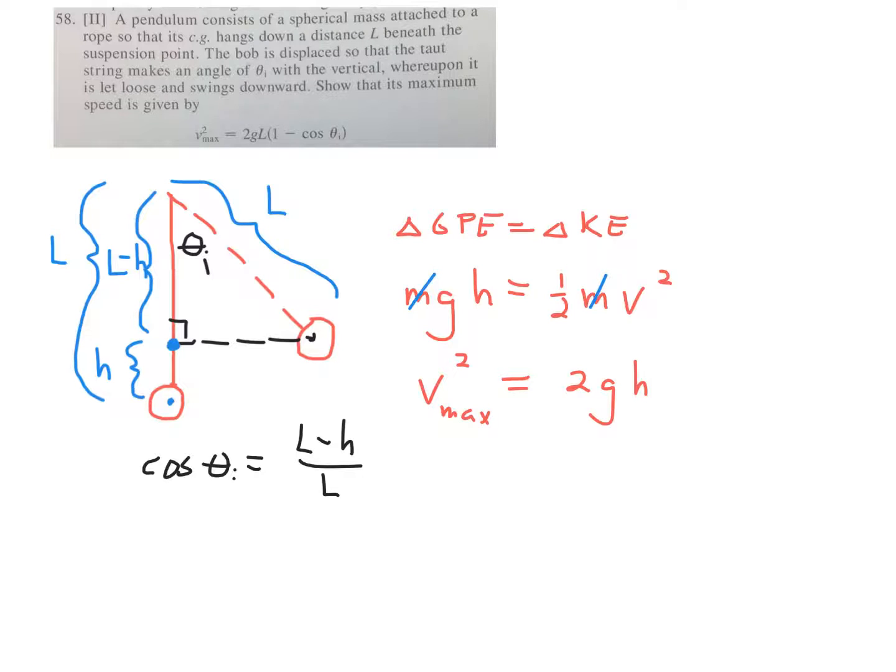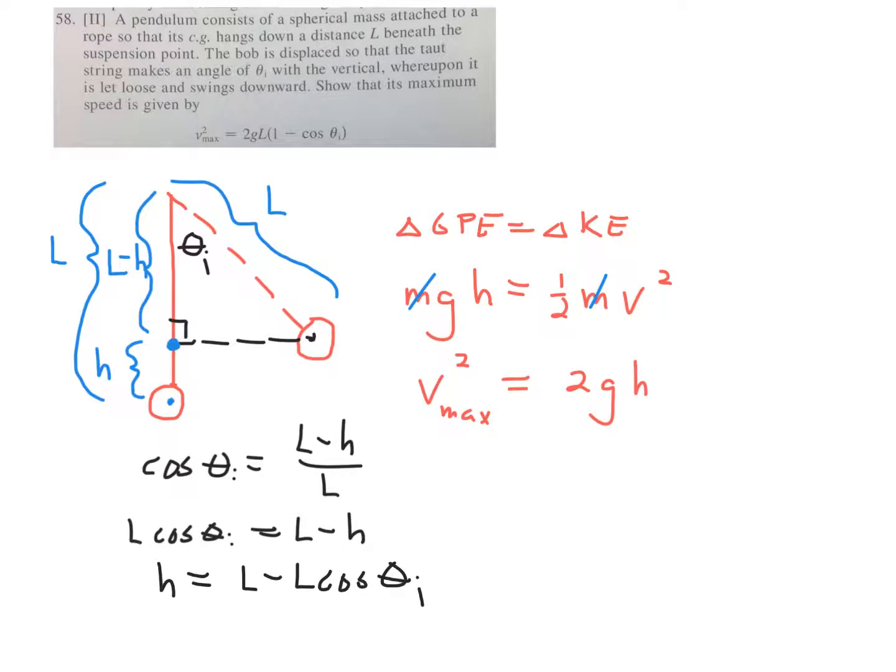So if I rearrange that, I'll have L cosine theta sub i equals L minus H. And then if I rearrange things and get the H by itself, but a positive, I move the H to the left and then the L cosine theta sub i to the right, I end up with H equals L minus L cosine theta sub i.